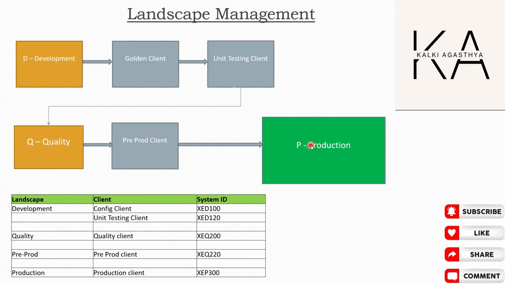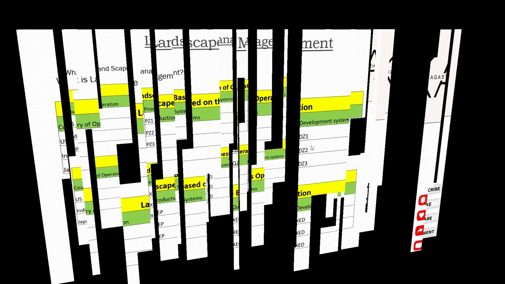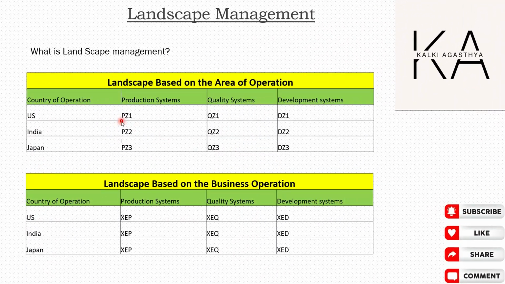We have already seen in the previous slide that P denotes production system, Q denotes quality and D denotes development. This alone is not sufficient to differentiate between the systems, right? Hence, ECC has provided a unique identifier called client, which is the highest organizational unit in ECC.